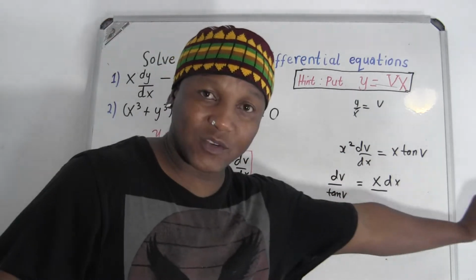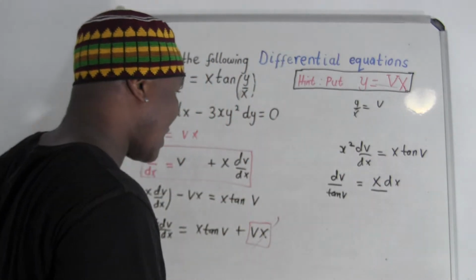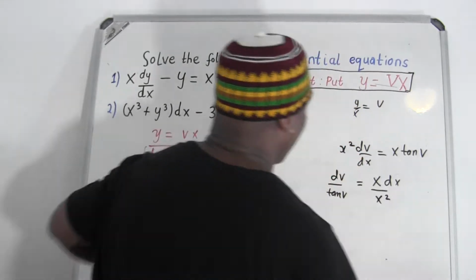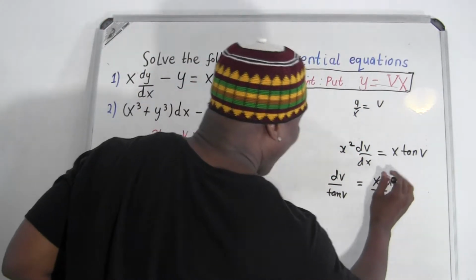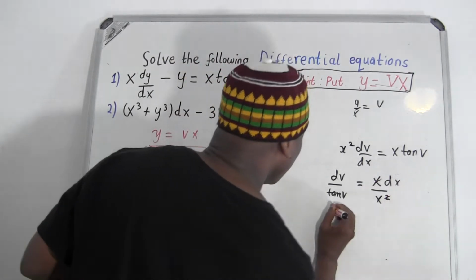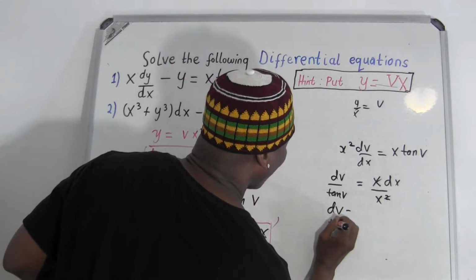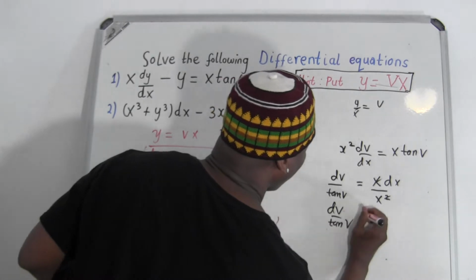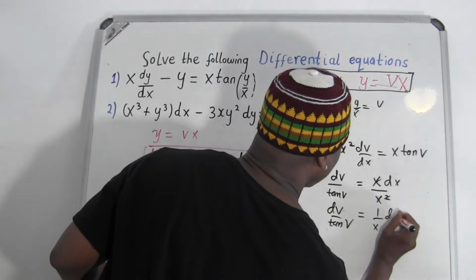I'm going to put all the x on the right and all the v on the left. The x and the x cancel, so I'll be left with 1 over x. So I can say dv over tan v equals 1 over x dx.